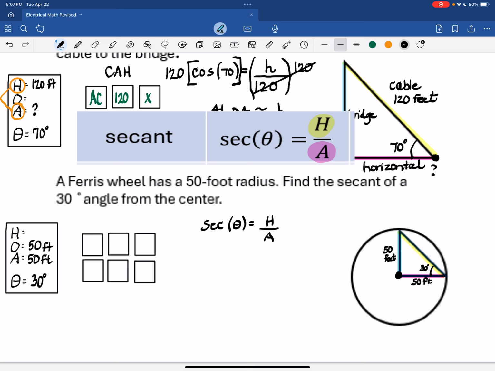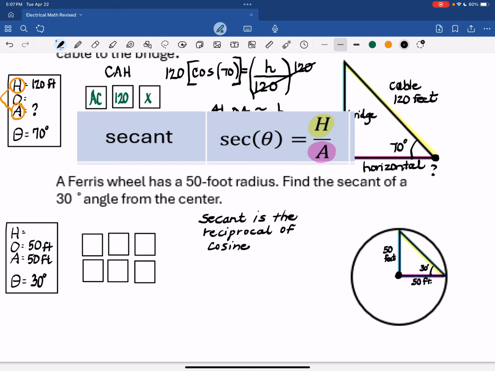But there is another one that we could use that would be much more productive for me here. In fact, I'm going to take this away. I also know that secant is the reciprocal of cosine. And that's how I'm going to solve this problem.